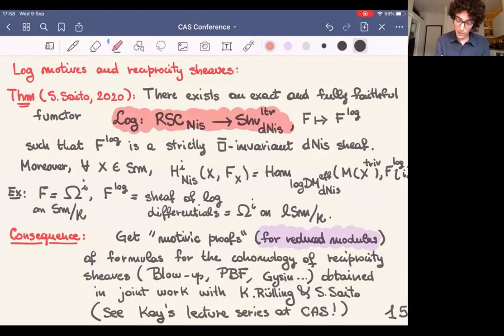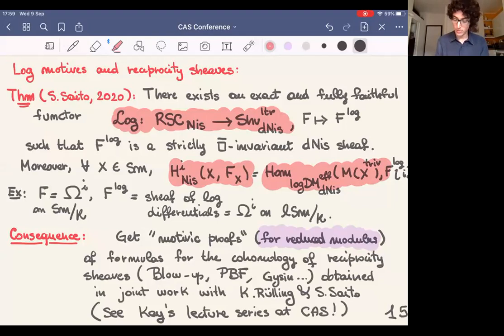This F log is a strictly A1-invariant Nisnevich sheaf, and moreover the cohomology of this Nisnevich sheaf can be computed as a Hom in logDM between M of X, with trivial log structure, and F log shifted by i.